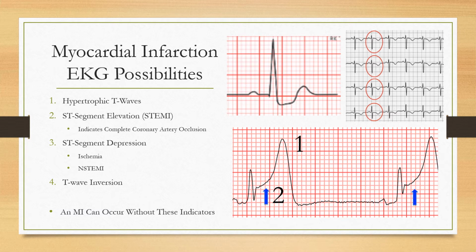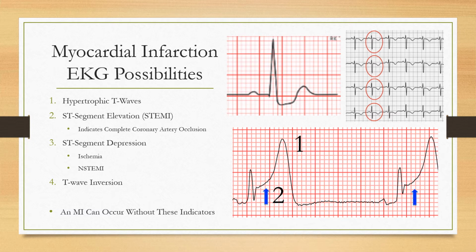It's way above that baseline that's between the T wave and the P wave. So that's ST elevation. On this rhythm strip, we actually have both signs on an ECG of a STEMI. We have hypertrophic T wave and we have ST elevation.